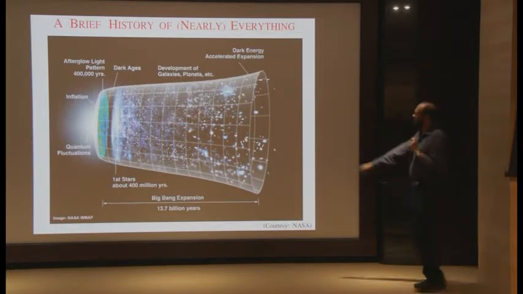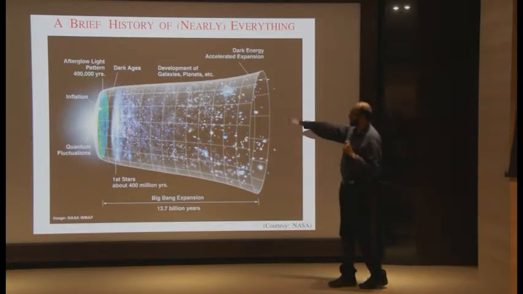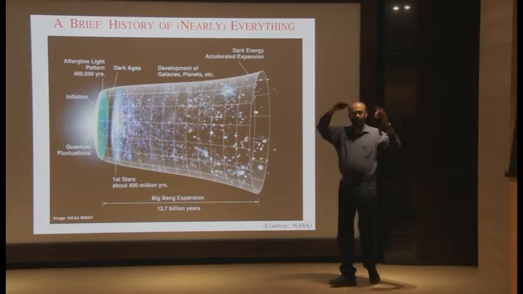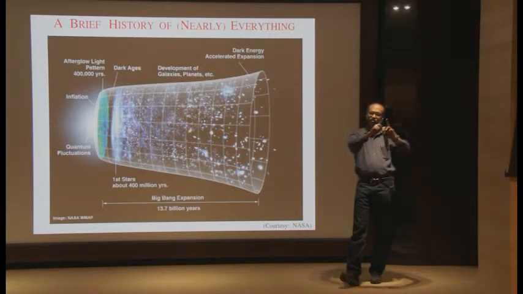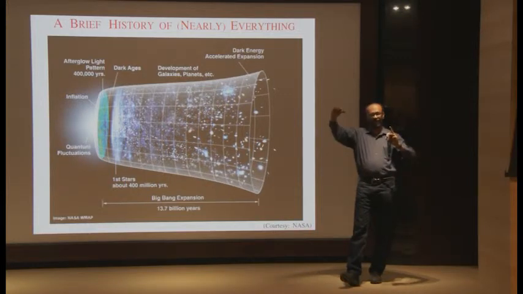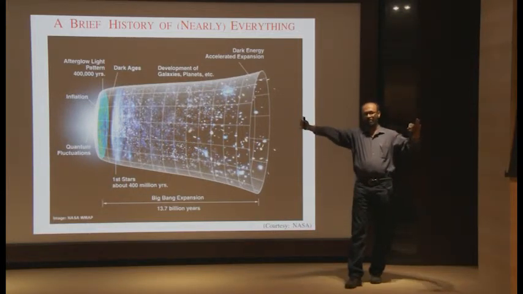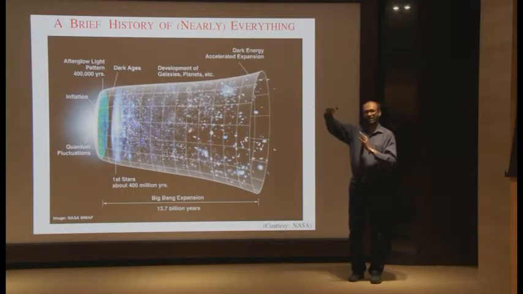At some point, 380,000 years after the Big Bang, the temperature drops. Because the temperature has dropped enough, now the temperature is low enough that the protons and electrons can merge together and form hydrogen atoms. So now you have a whole bunch of hydrogen atoms, and this radiation is still there.